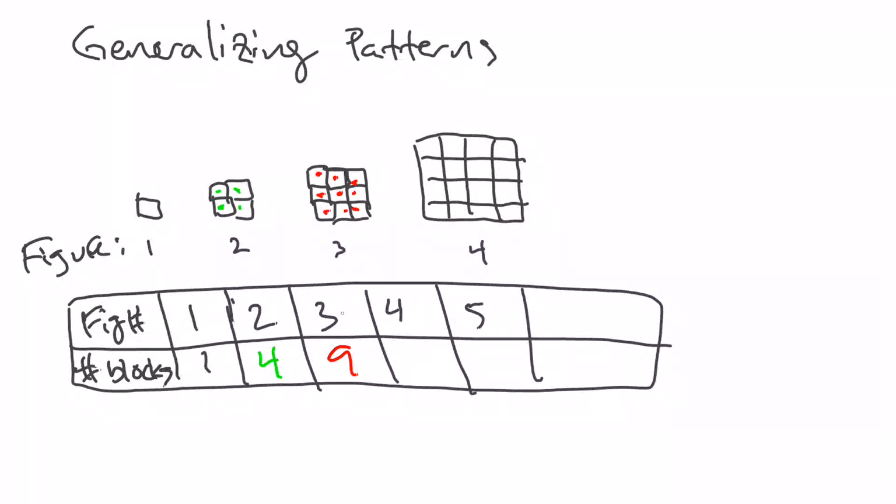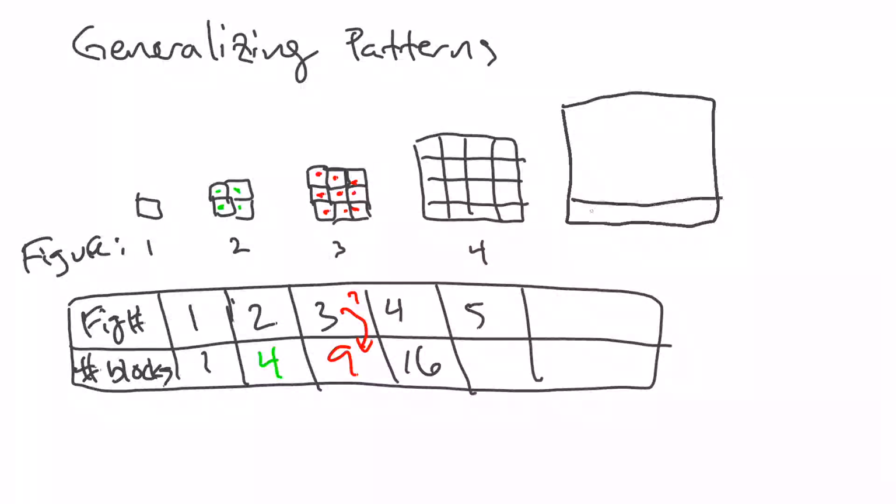How do I get from my figure numbers to the number of blocks? And if you notice, 4 was 16. And so if you could count, you can draw 5, right? So you know you're going to have 1, 2, 3, 4, 5, right?